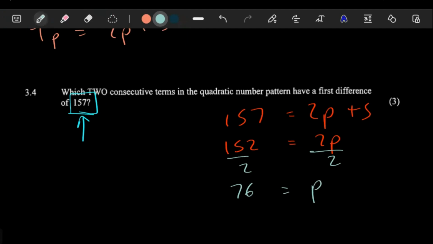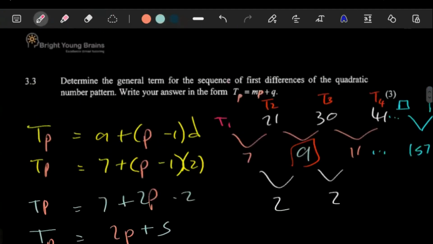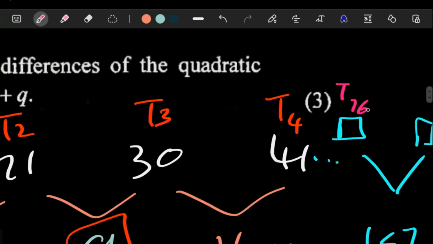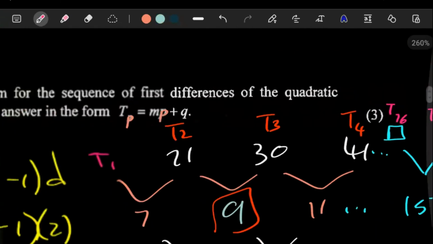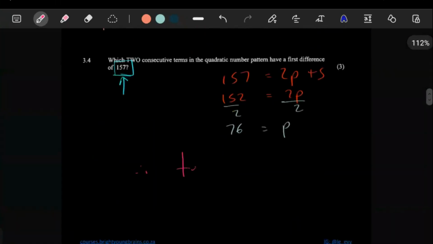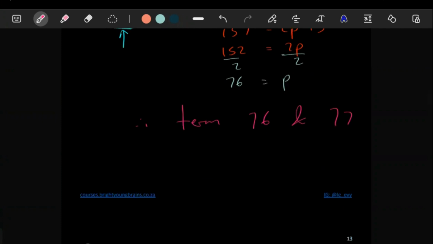So what you now know is this is in position 76 in the sequence of first differences. So automatically you know that this is between term number 76 and term number 77. So here you can just say, therefore, term 76 and 77.